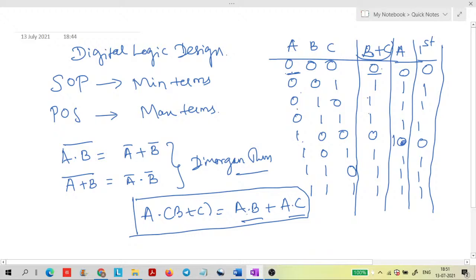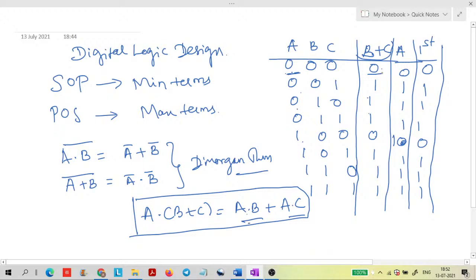What is AB? A into B means here you will get all zeros, and here 1, 1. Then A into C, where one of them is 0, gives 0. Later you can add.